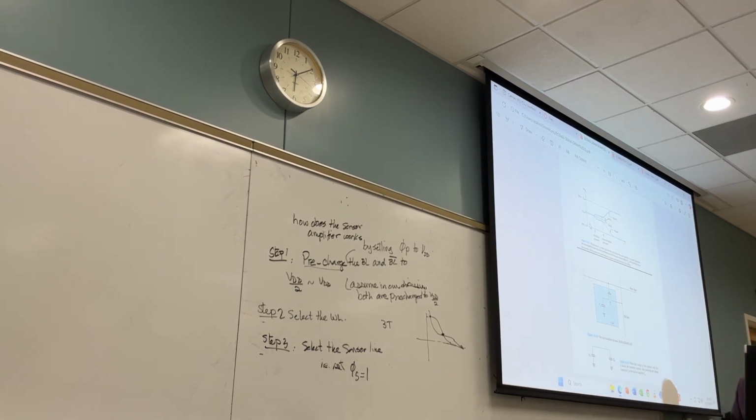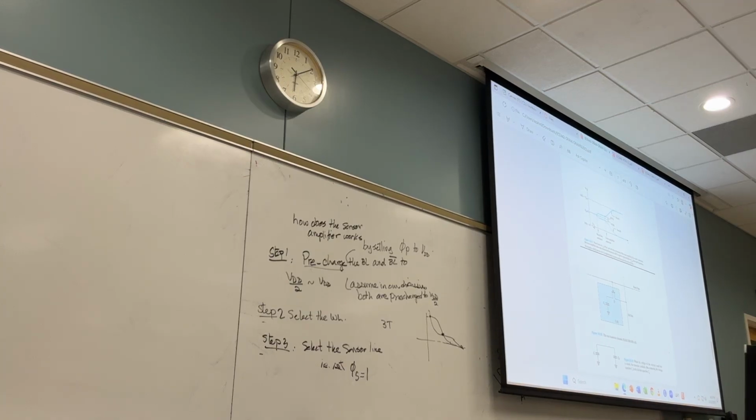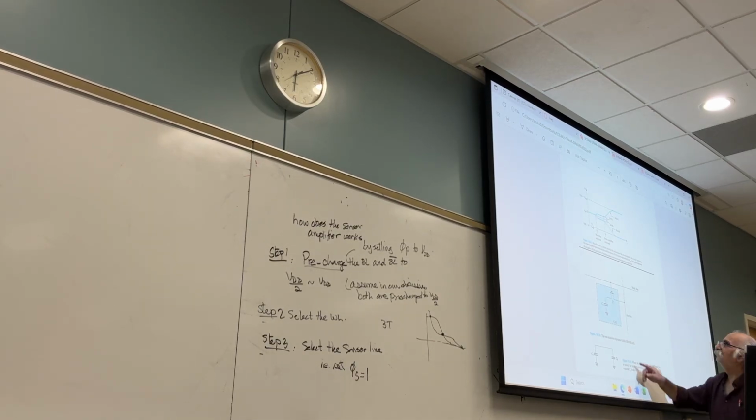Only 1. Which means right away, a sensor amplifier with the same architecture as the SRAM is not going to work here because there is only 1 line. Did you get it? We will see what they did to get around this fact.